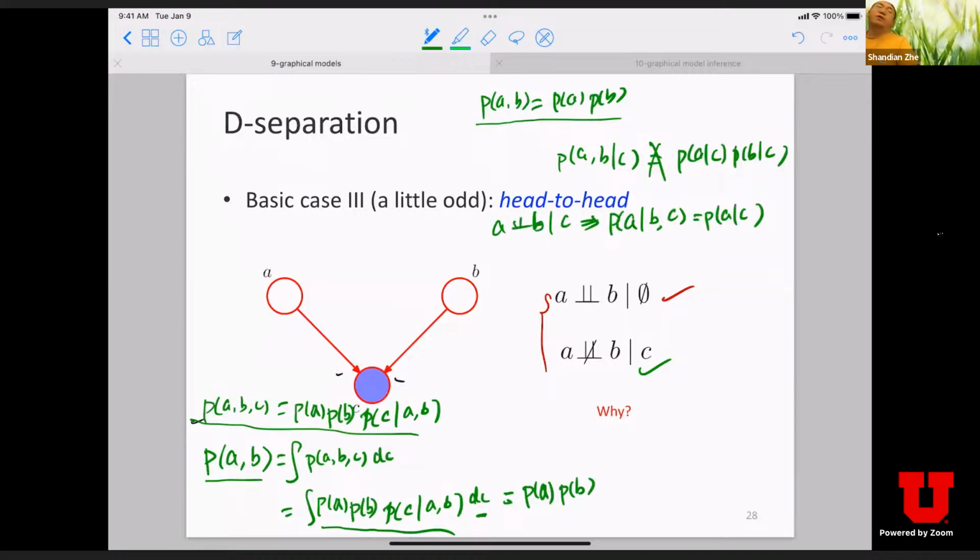To show that, you write it out according to Bayes' rule: it is the joint probability of A, B, and C divided by the joint probability of B and C only. Then leverage the decomposition structure reflected in this head-to-head structure, which is P of A times P of B times P of C given A and B, divided by the same thing where we marginalize out A.